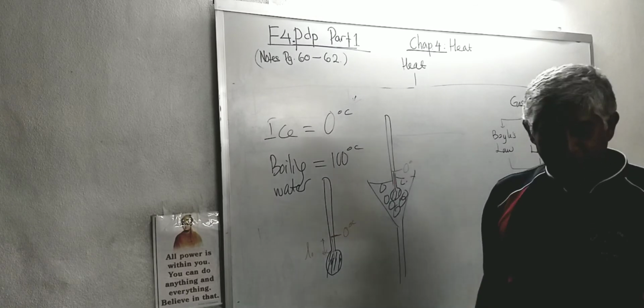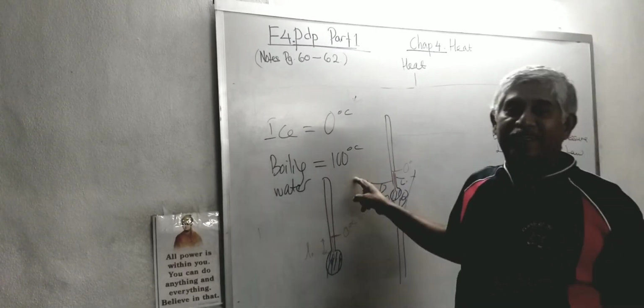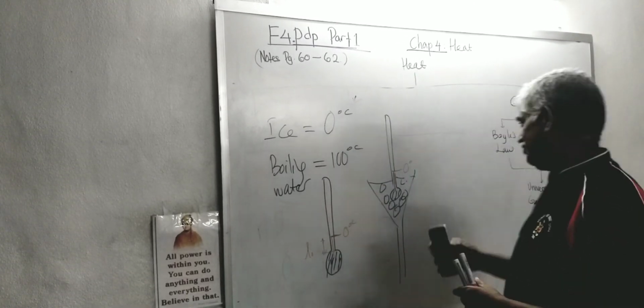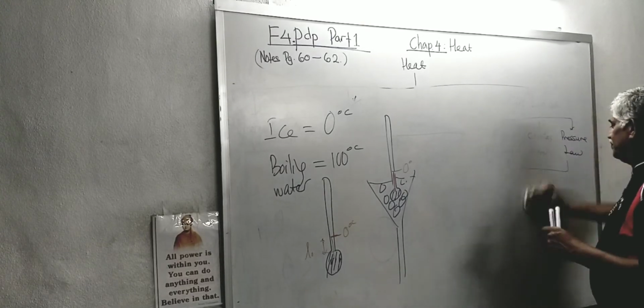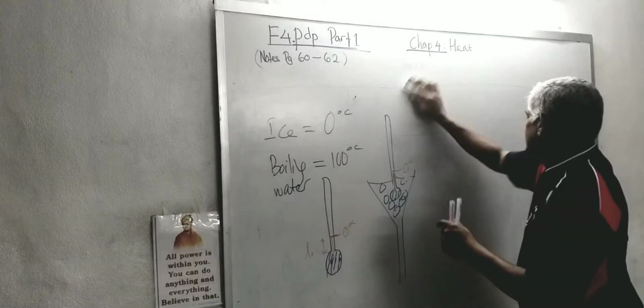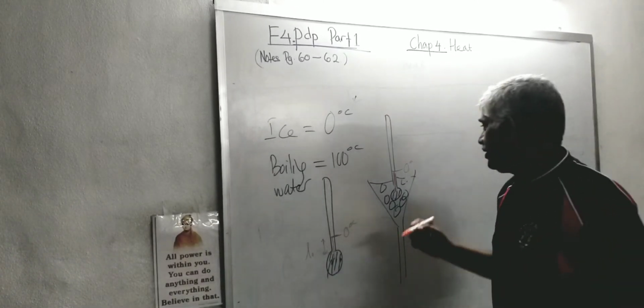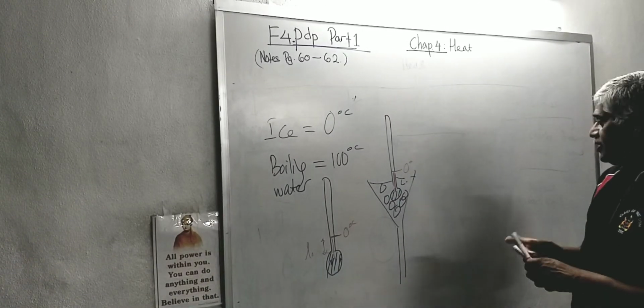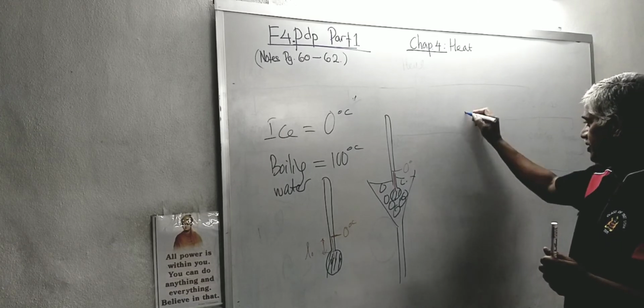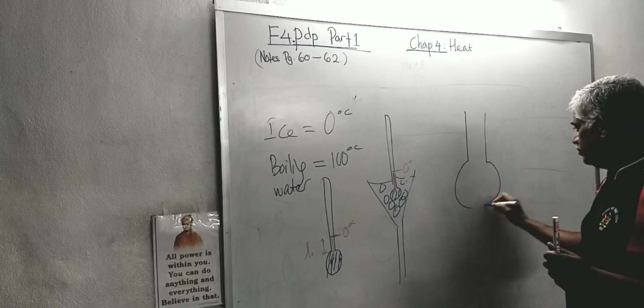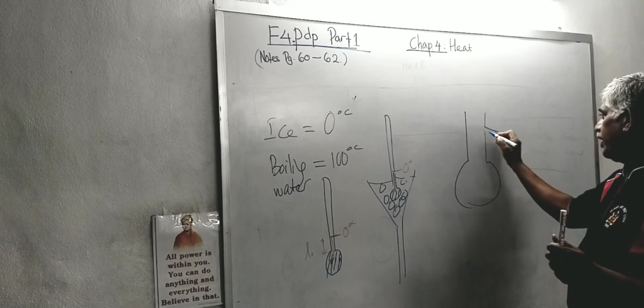So what do I do next? Next I go for the standard reference point, the boiling point. Now I take a round bottom flask. The neck here, right?